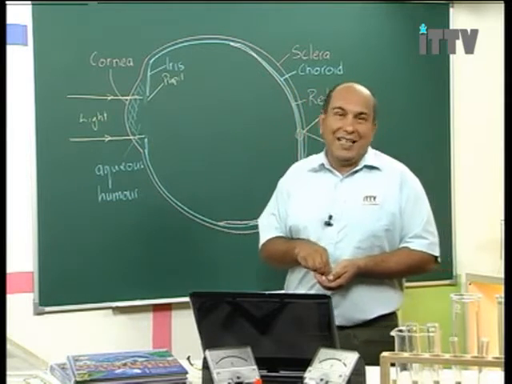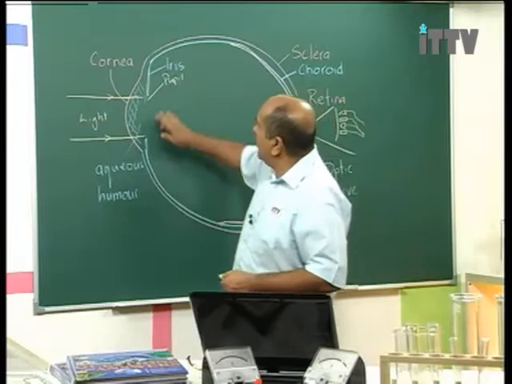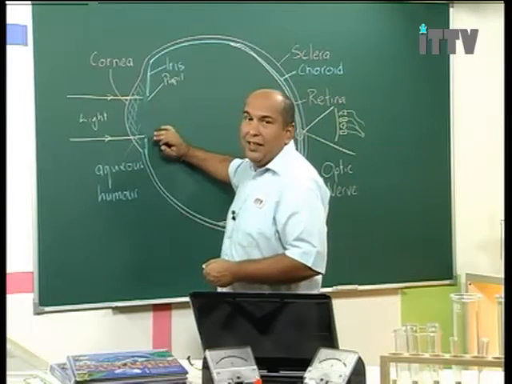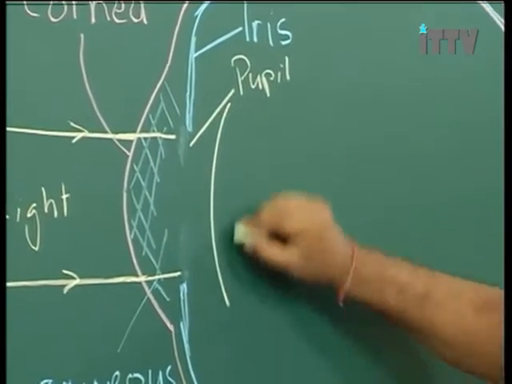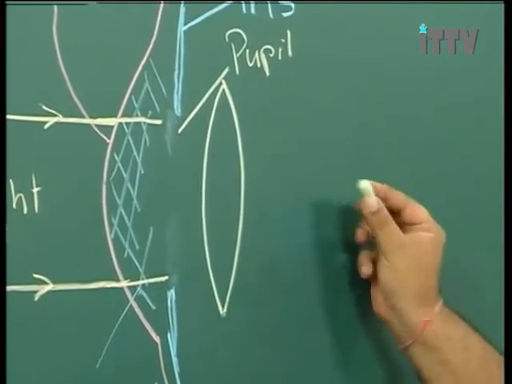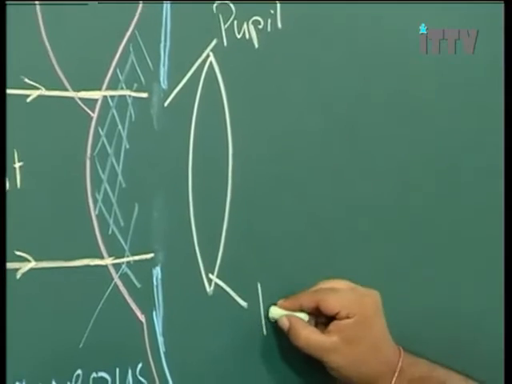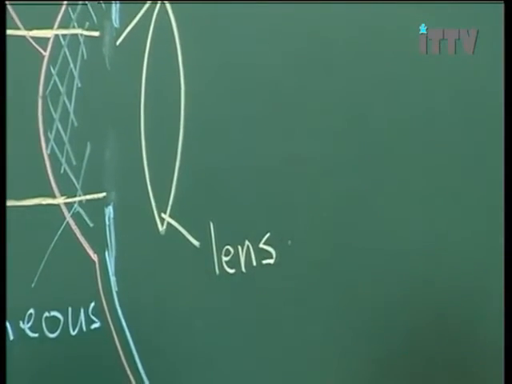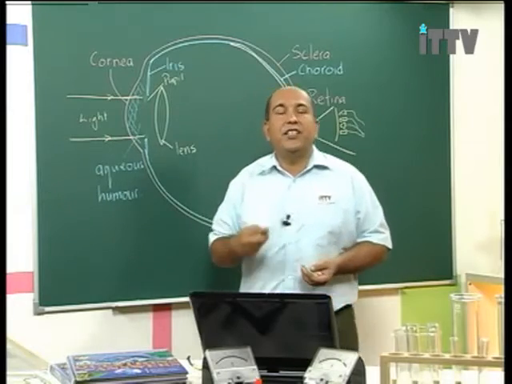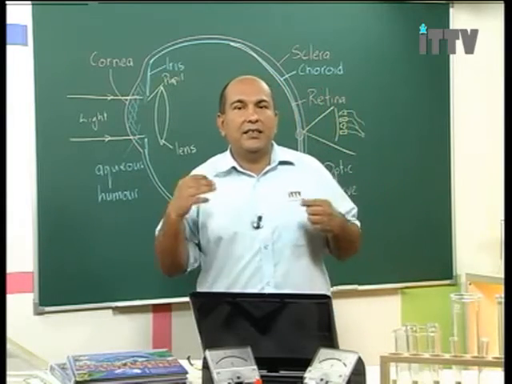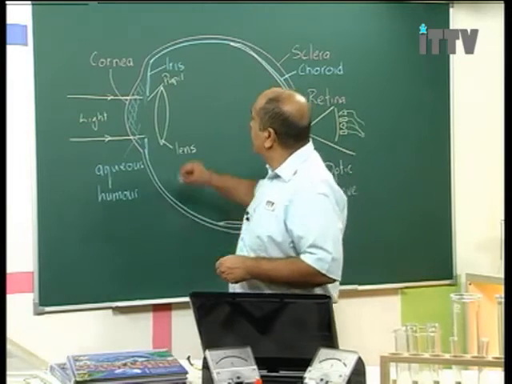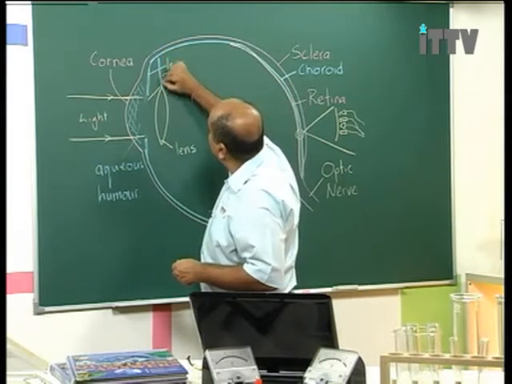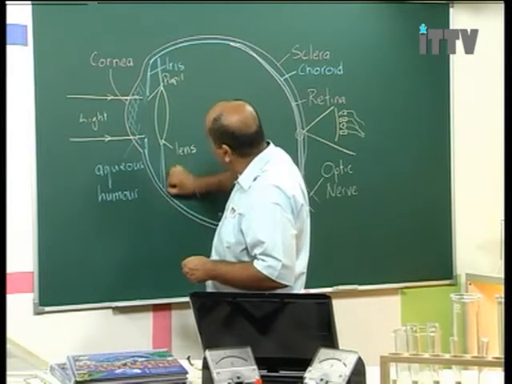So now we go to the lens. Right behind the pupil over here is the lens. So we have a lens that sits over here, like so. Okay, so this I will label as our lens. Now the lens can change in size because it has a set of muscles called the ciliary body. The ciliary body goes upwards like so and goes downwards like so.